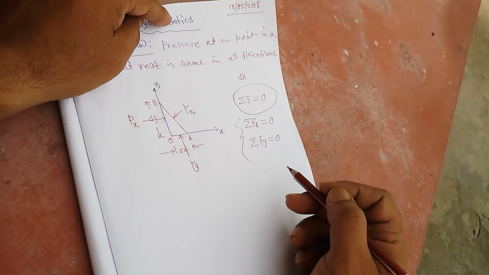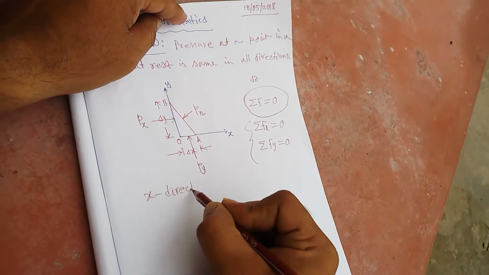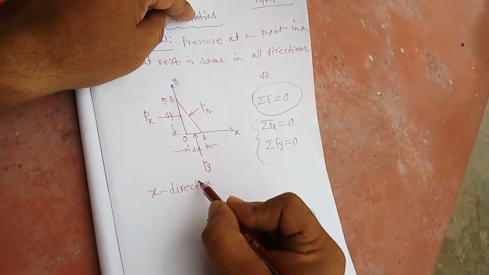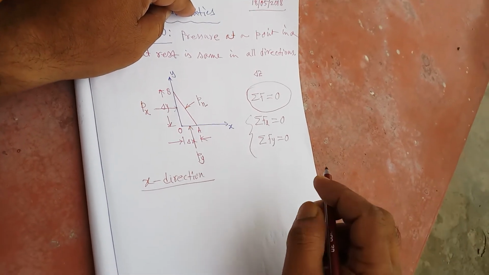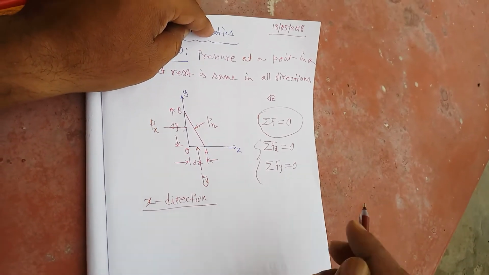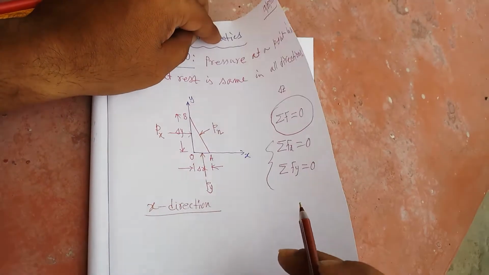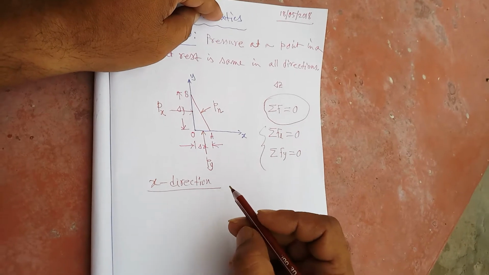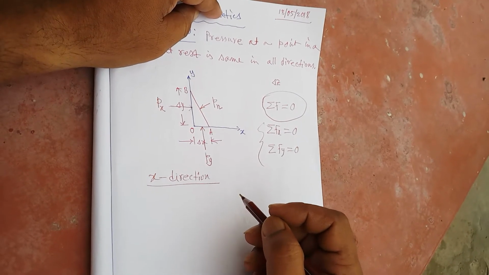So first we are considering the x direction. I have previously mentioned that x is taken to be the horizontal direction. So here x and z are both horizontal, but y is vertical and in the upward direction. Now what are the forces acting in the x direction?